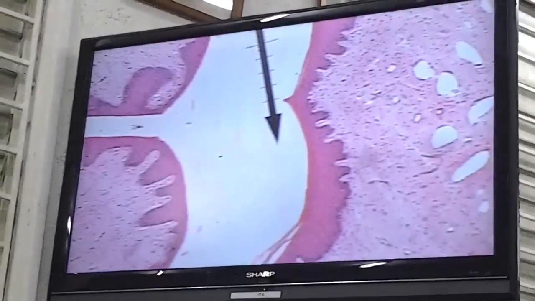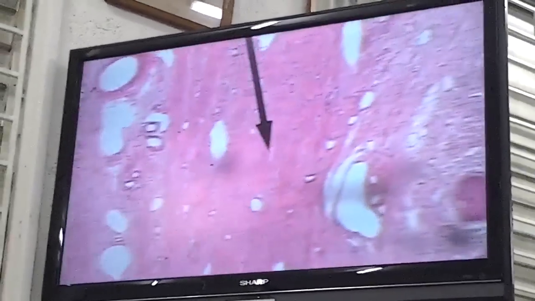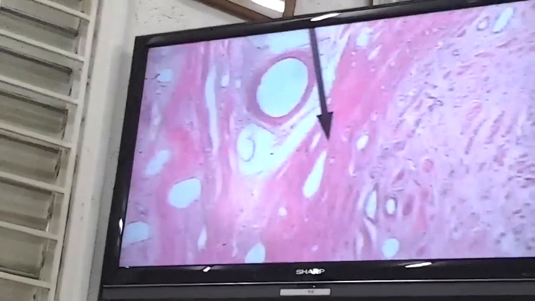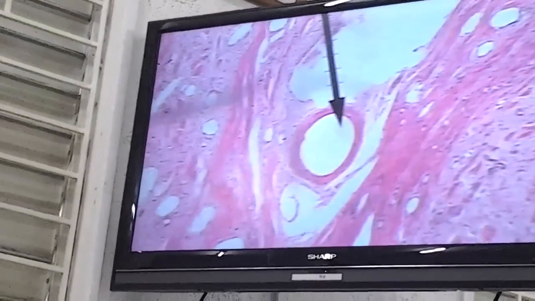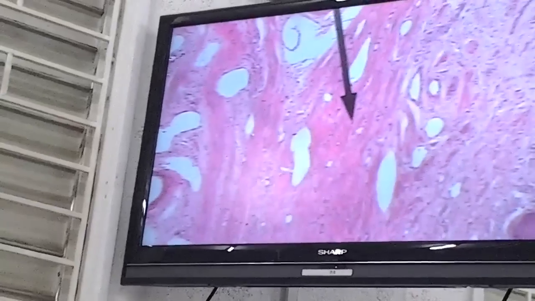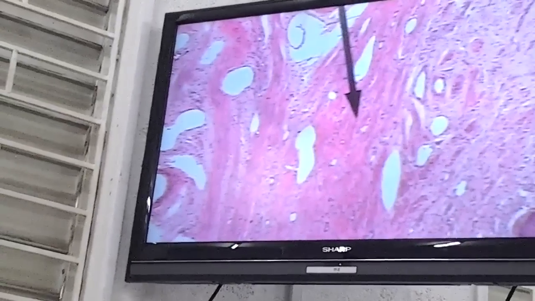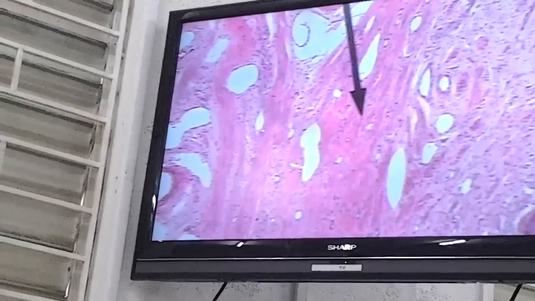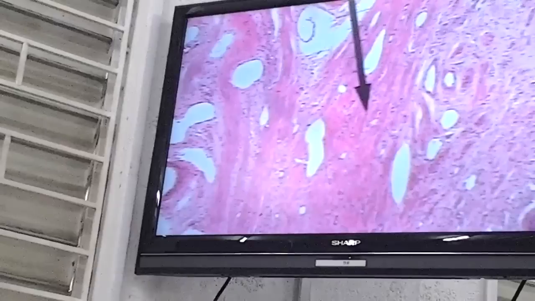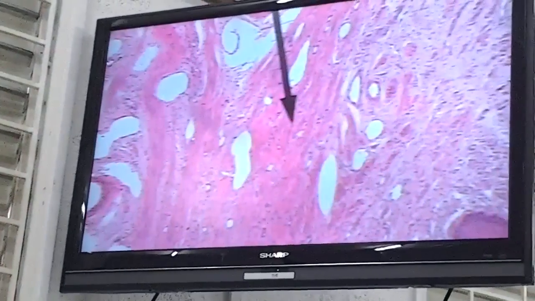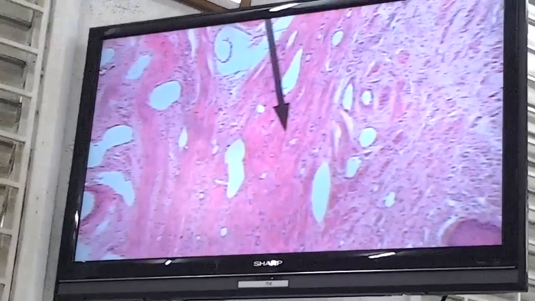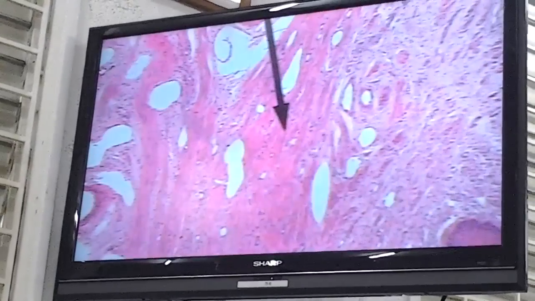This is the urethra here, and you notice around the vagina there are a lot of blood vessels. In coitus, the vaginal wall can swell, dilate, and become rigid, so there is an erectile plexus in the wall of the vagina.